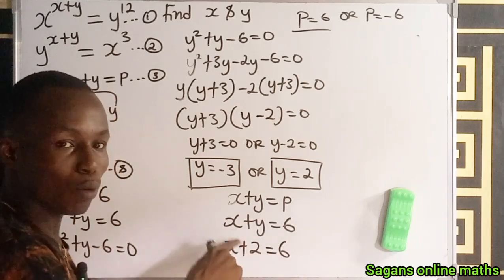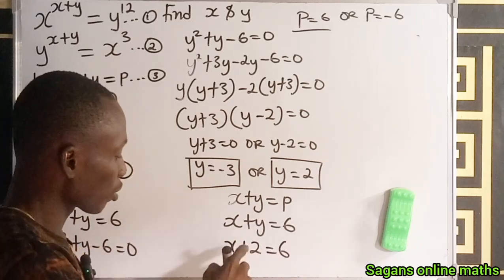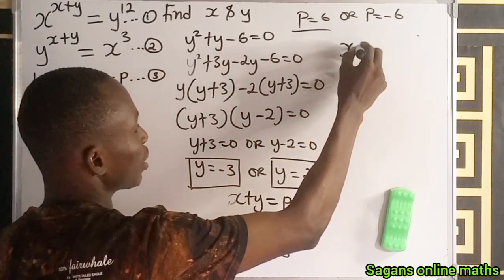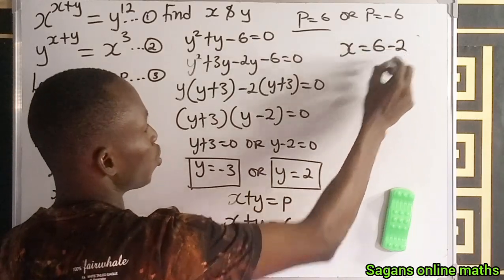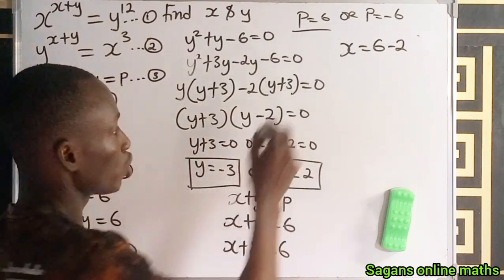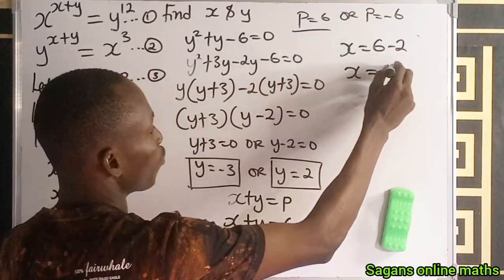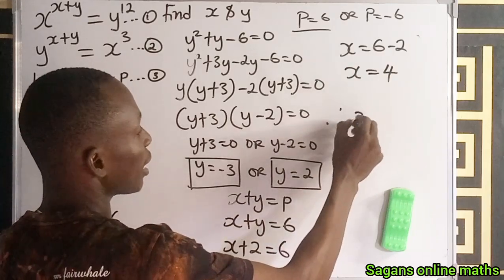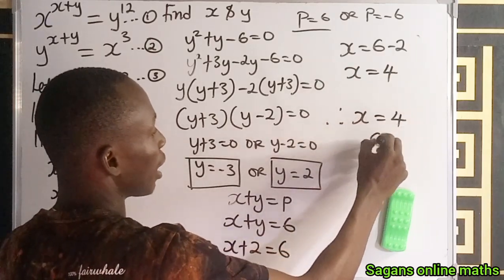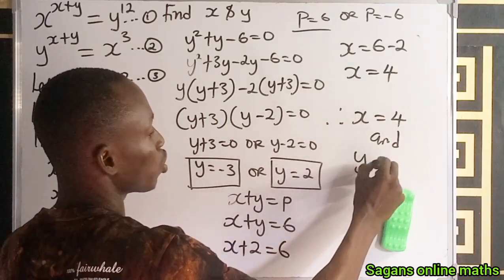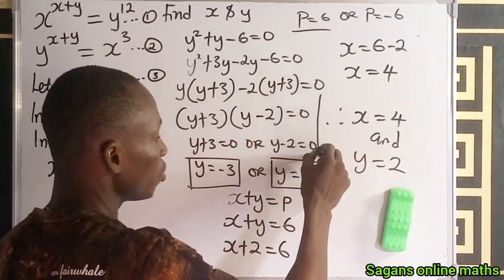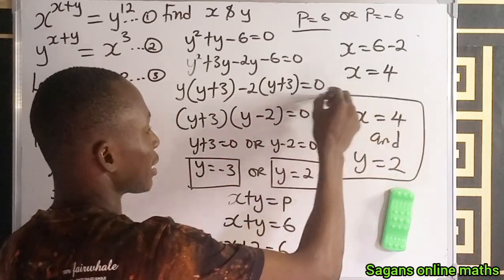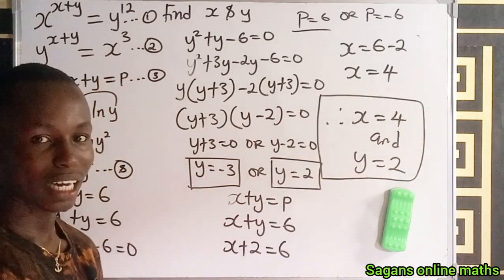So if we subtract 2 from both sides, x is equal to 6 minus 2, and 6 minus 2 is 4. So our x is equal to 4. Therefore, x is equal to 4 and y is equal to 2. These are the values of x and y that satisfy this equation, right?